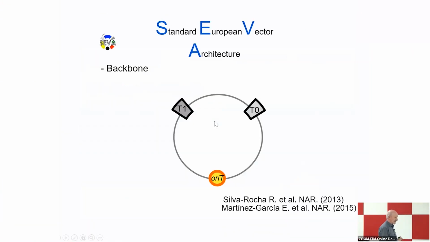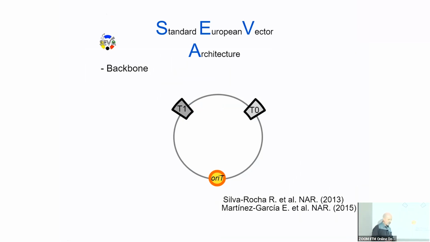So what is the standard about? The standard is the following. Let's imagine a plasmid, like a circle. In the circle, we establish three fixed components: exclusively two transcriptional terminators and an origin of transfer.